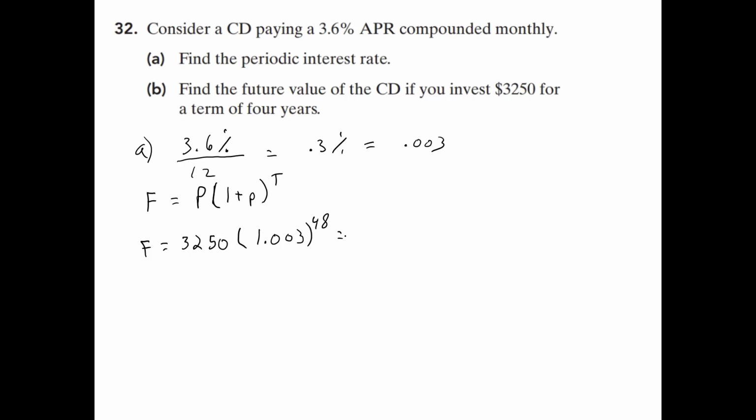So now it's just a matter of punching it into the calculator. You need to make sure that you know how to use your calculator. And what you get is $3,752.56 after 4 years.